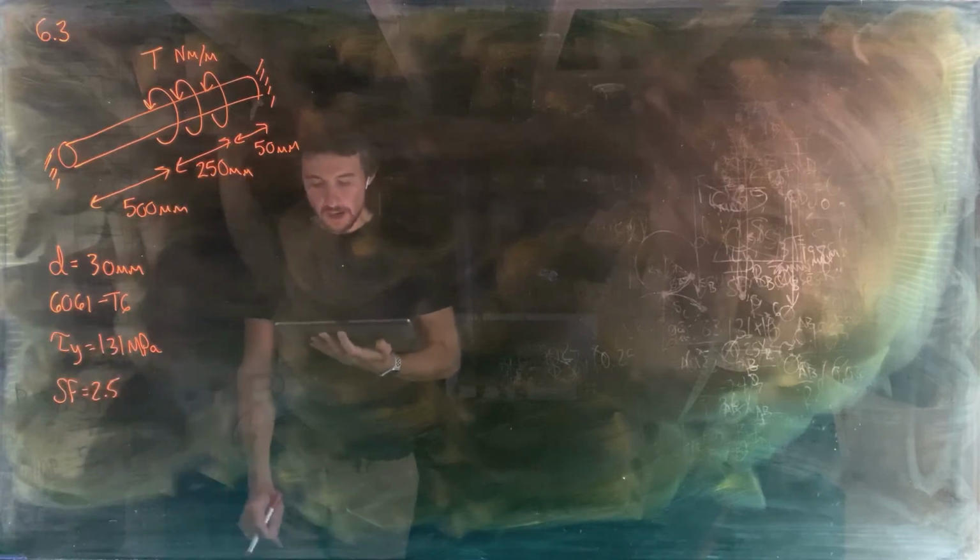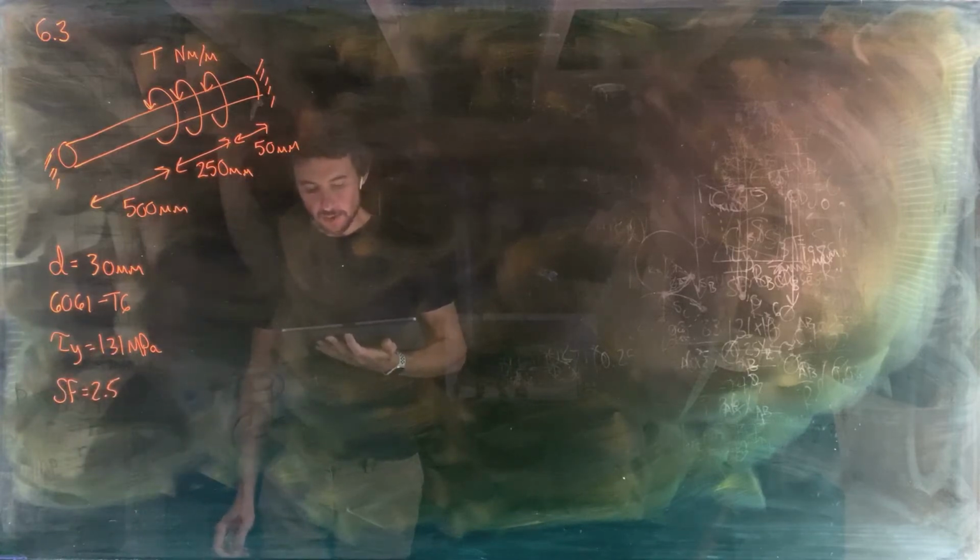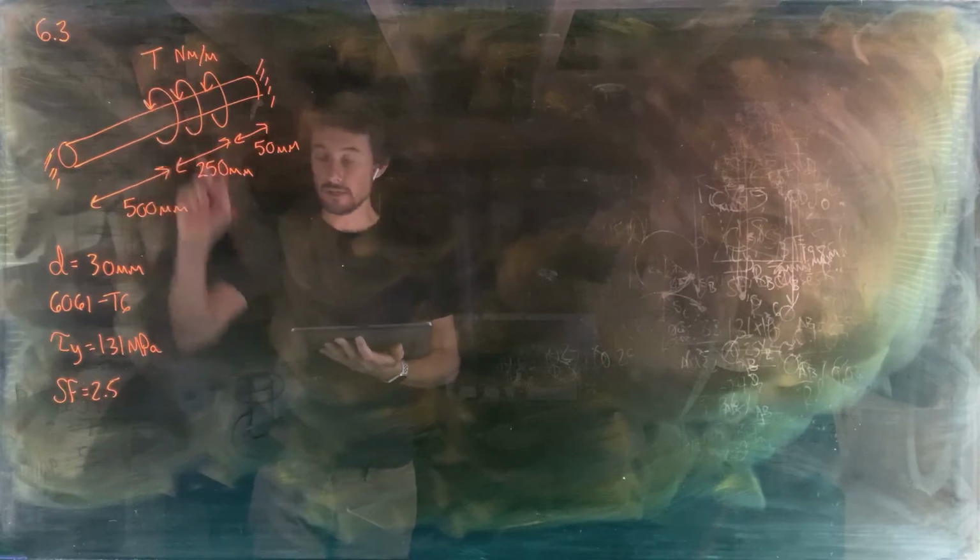It's 6061 T6 aluminum with a shear yield strength of 131 megapascals. Will be loaded as shown. For a safety factor of 2.5, determine the maximum allowable value of the uniform distributed torque T.